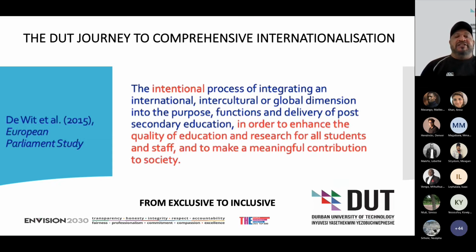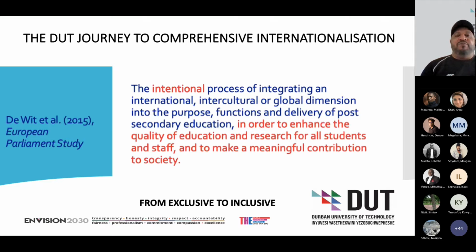Like at most universities, at DUT, internationalization was exclusive, it was elitist, and it was often elusive to the average academic, the average staff member and the average student. It really was about the elite researcher, the student who could afford mobility, or the exceptional student who would win a scholarship opportunity.